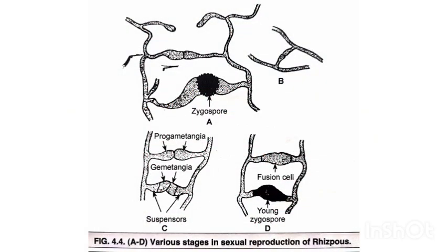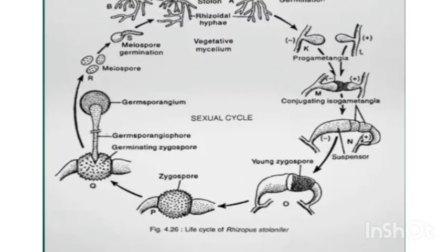Finally, the gametangia of opposite strains fuse with each other to form a zygospore. After zygospore formation, the zygospore undergoes meiosis to form meiospores, and finally the meiospores germinate to form a new individual, that means a new Rhizopus individual.